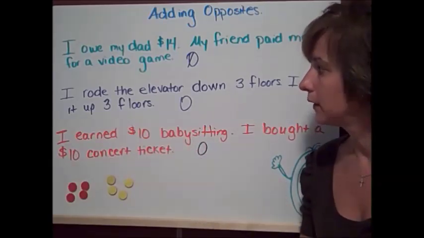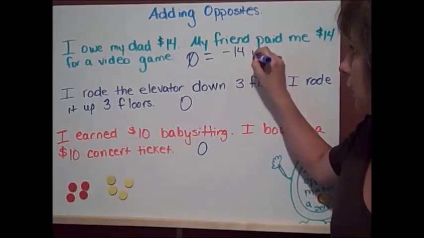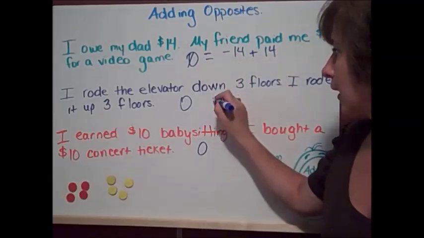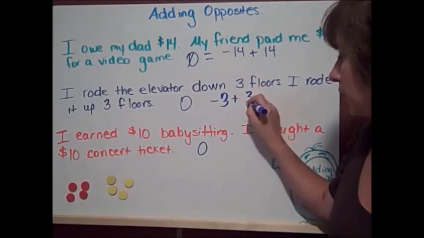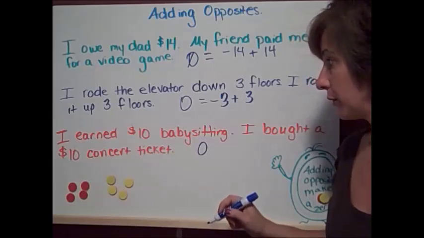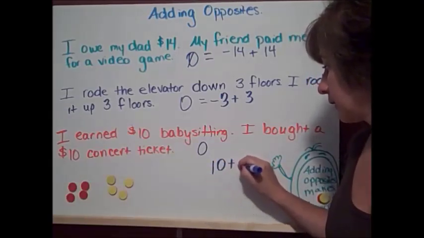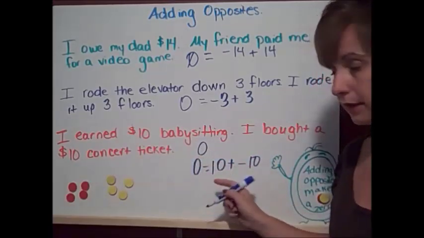So going back to look at these equations that we just solved, this was negative 14 plus 14, and it equaled 0. Down 3 floors, then up 3 floors, gets me to 0 floors moved. $10 plus negative $10 gets me $0.